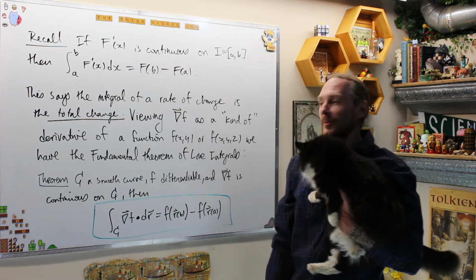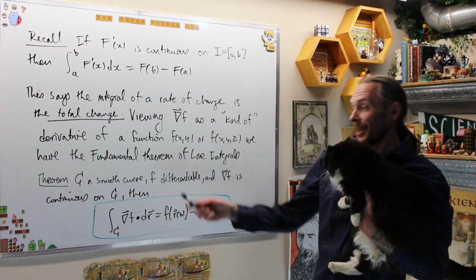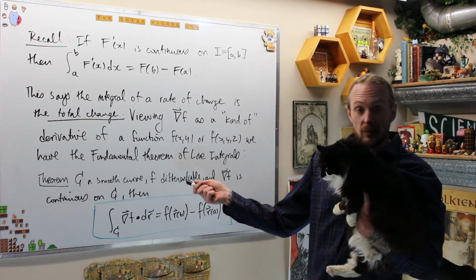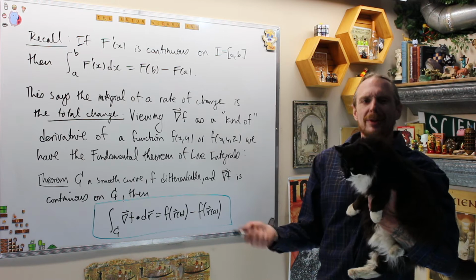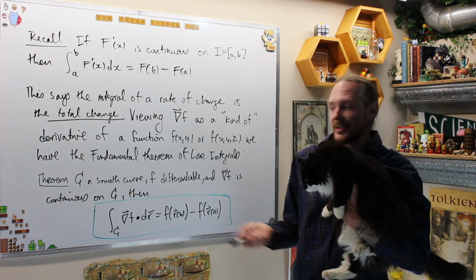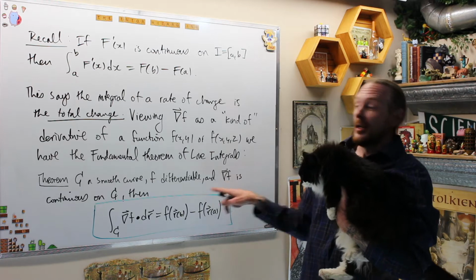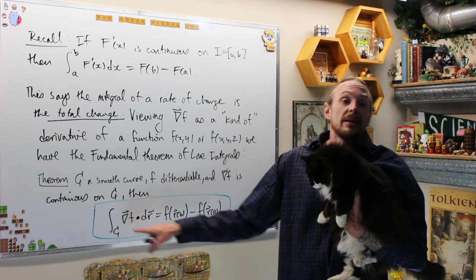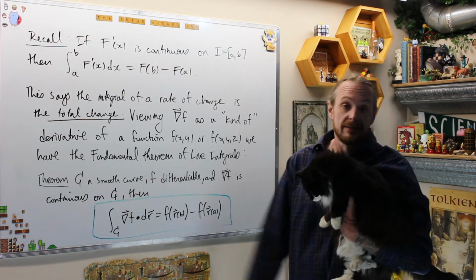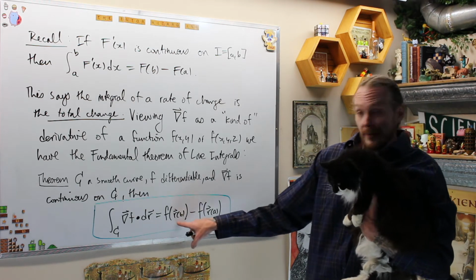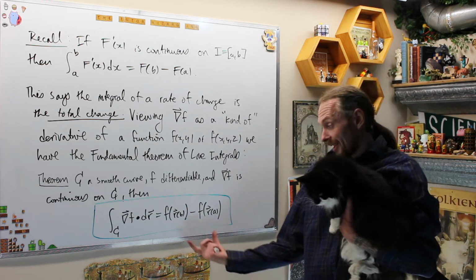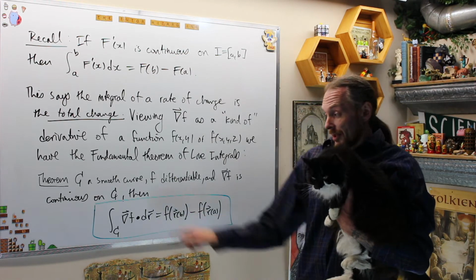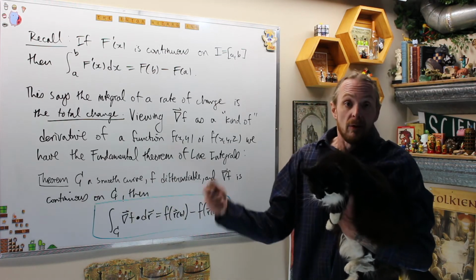What it says is, if we have a smooth curve C, and a differentiable function f of 2 or 3 variables, and moreover, the technical detail, the gradient of that function, which is a vector field now, is continuous, then the line integral over the gradient of f is equal to f of r of b minus f of r of a. So you can calculate f at the endpoints of that curve, and that gives you the integral over a gradient vector.